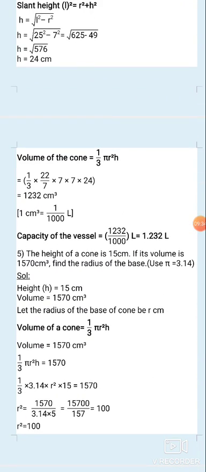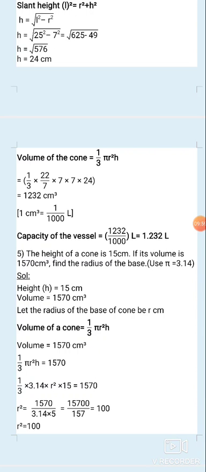Now the height of a cone is 15 centimeter. If its volume is 1570 centimeter cube, find the radius of the base. Take pi is equal to 3.14. So height 15 centimeter, volume is equal to 1570 centimeter cube. Let the radius of the base of the cone be r centimeter.